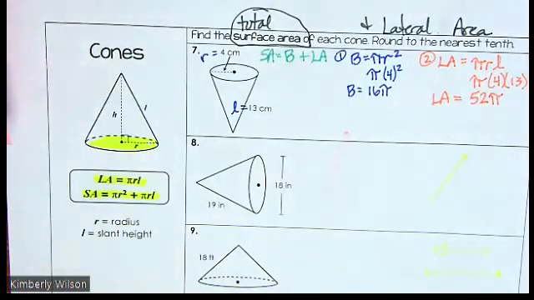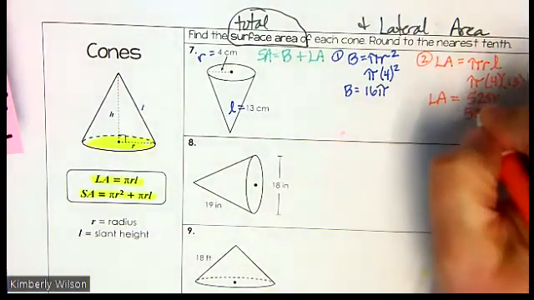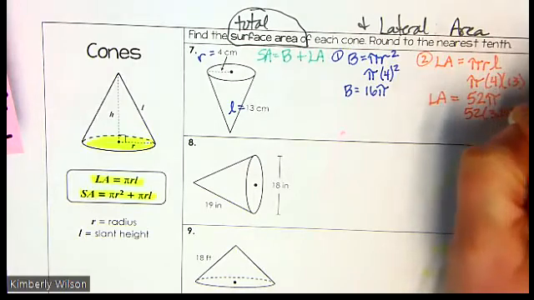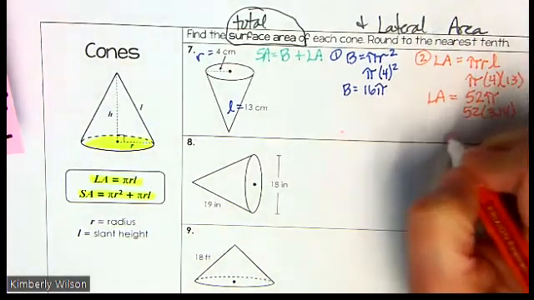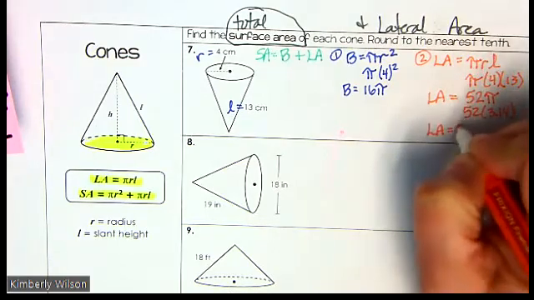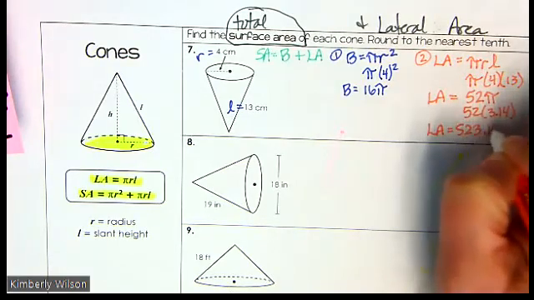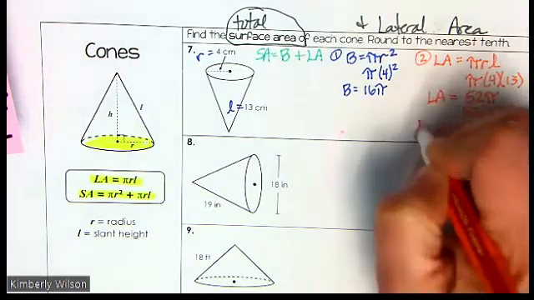Okay, here we go. So now I'm going to do 52 times the 3.14 because I have to find what the actual lateral area is, because that's one of my questions. So the lateral area is 163.28 centimeters squared.